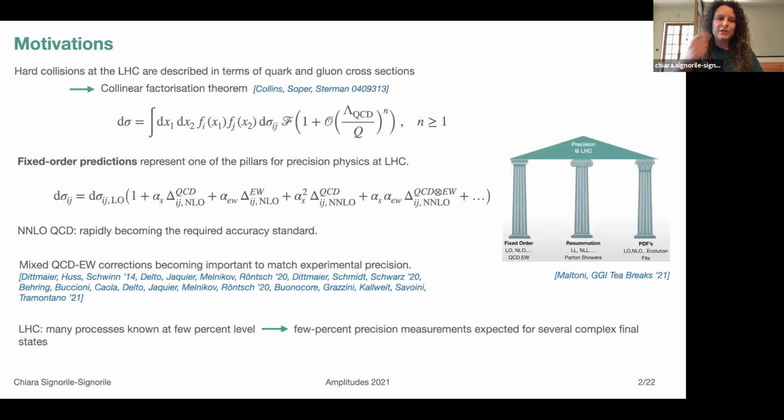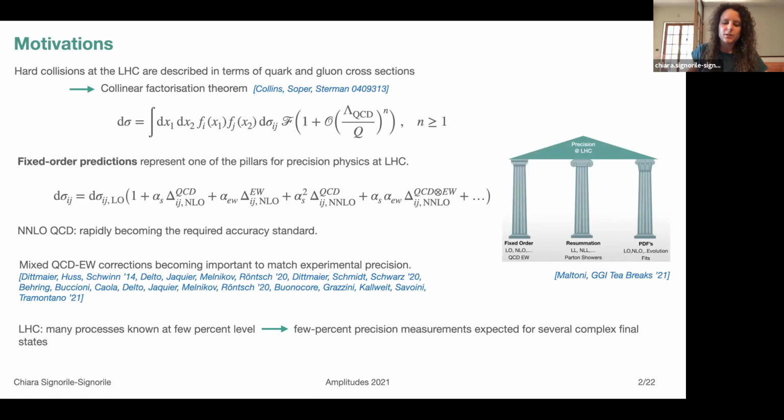So let me start with some motivations. We know that thanks to the collinear factorization theorem, hard collisions at the LHC are described in terms of quark and gluon cross-sections. This way we are able to separate a non-perturbative part from a partonic cross-section that can be computed in perturbation theory. It is very important to stress that fixed order predictions represent one of the pillars for precision physics at the LHC.